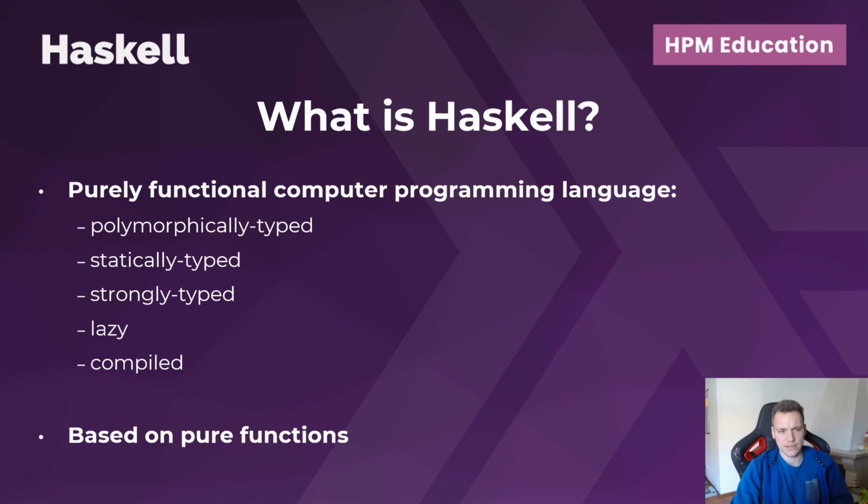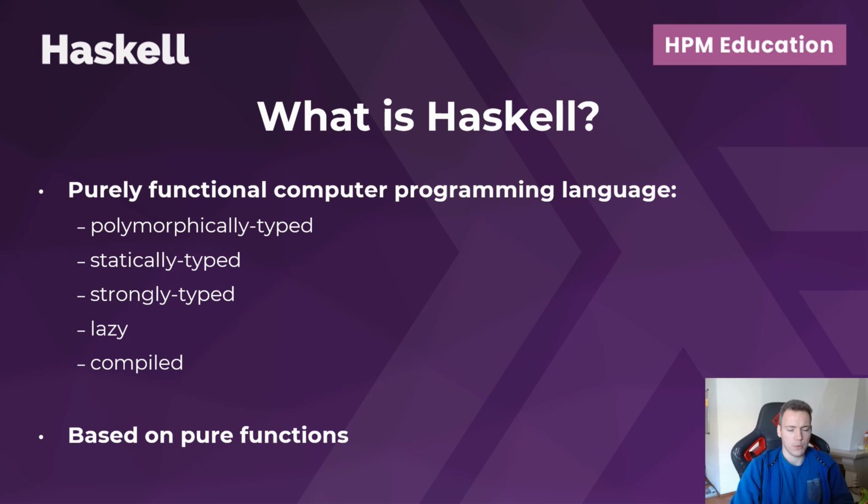So what is Haskell? It's a purely functional computer programming language, and here we have some of its characteristics. It's polymorphically typed, statically typed, strongly typed, lazy, and compiled. This is just an introduction to what it is, so I'm not going to explain right now what all of these mean in depth, but throughout the course we will learn about all of these things.